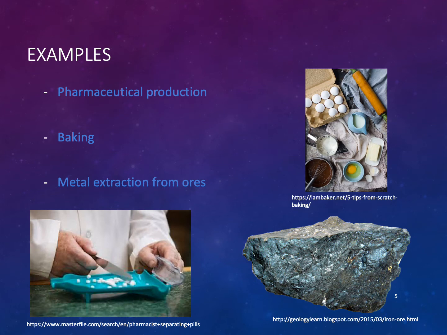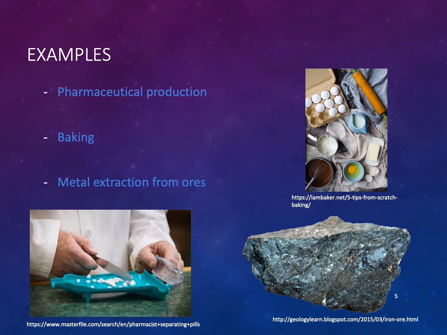So here are some examples of theoretical yield in everyday use or real life experiences. For example, pharmaceutical production. They constantly deal with theoretical yield with having to go through several reactions and using very costly chemicals.